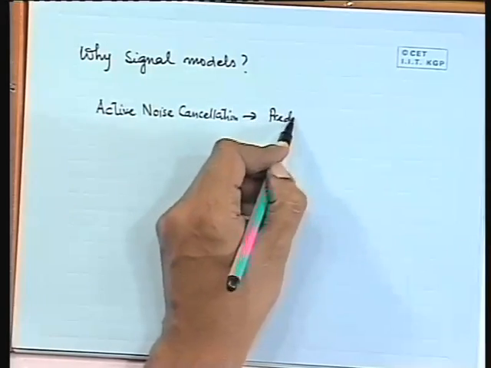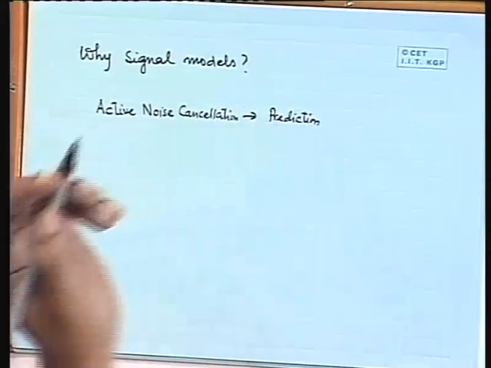So essentially what is involved is a prediction. Some prediction of the next noise signal value is needed so that we can cancel it. Now how are we going to predict it? We will predict it using some mathematical form based on its past values.